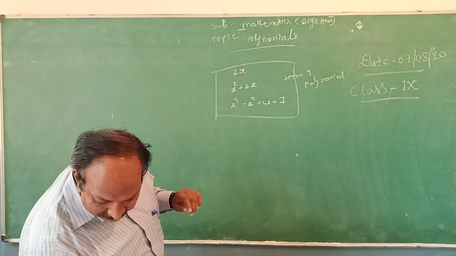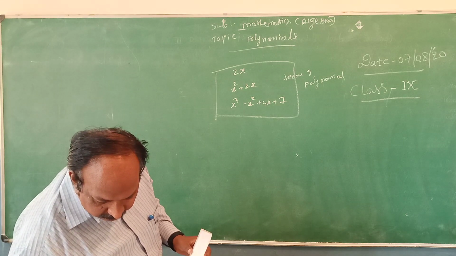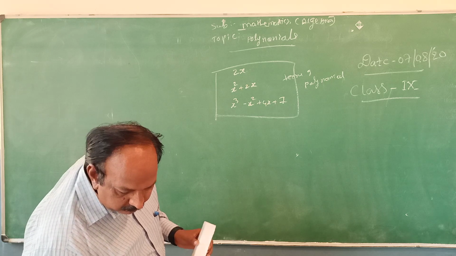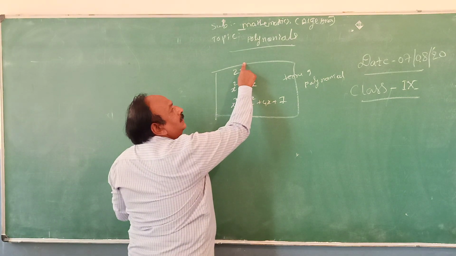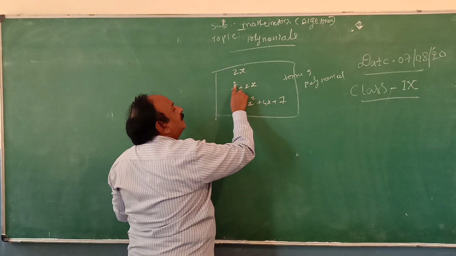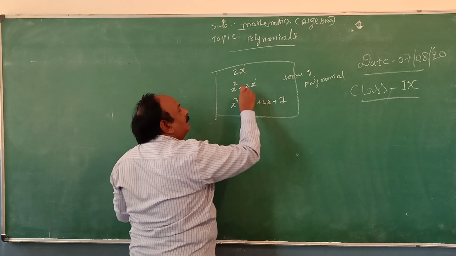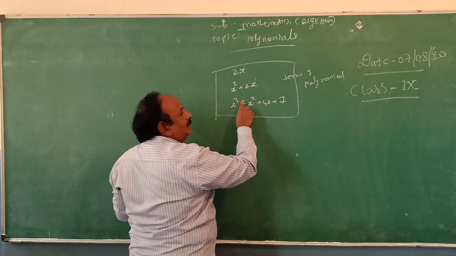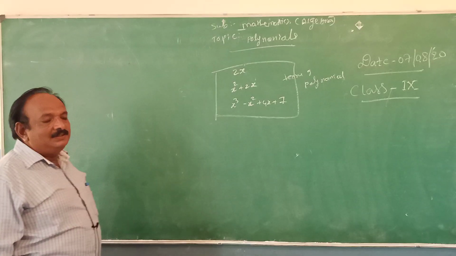So, what is a polynomial? What is the exponent of these? 1. What is the exponent of these? 2. What is the power of these? 1. What is the power of these? 3, 2, 1. I will discuss that afterwards.